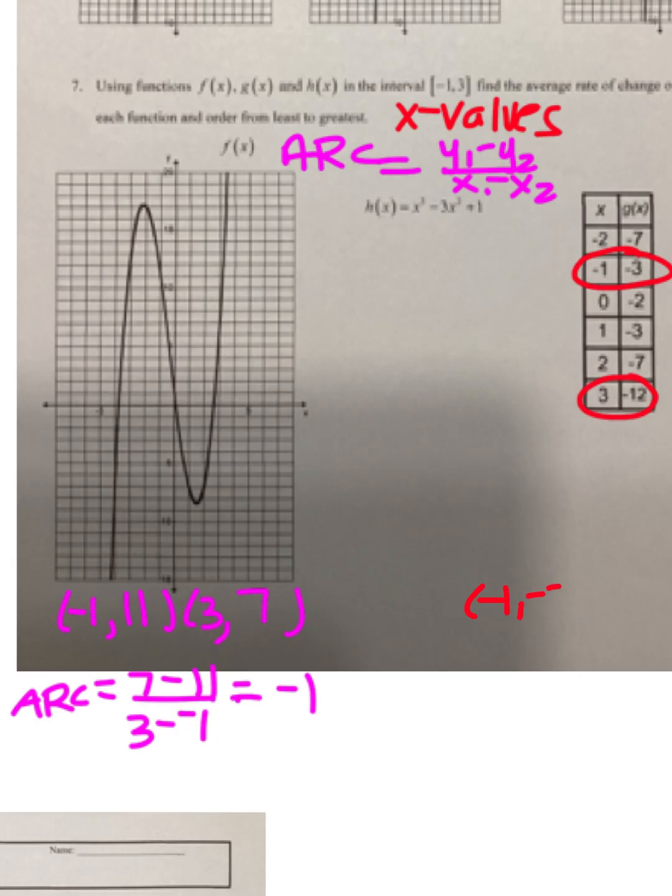Your average rate of change is going to be negative 12 minus negative 3 over 3 minus negative 1. Okay, plug that into your calculator. You get negative 2.25.